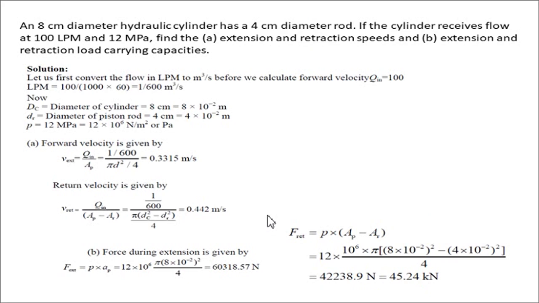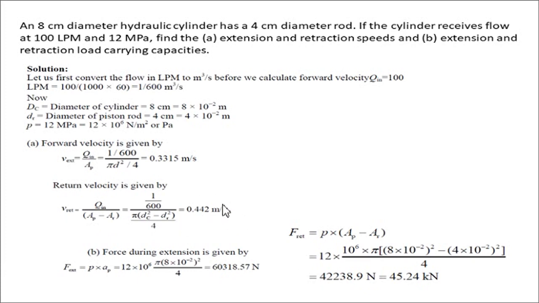So here you can find that during the extension stroke the area of the piston is pi by 4 d square, whereas in retraction the area is pi by 4 (D square minus d square). This is also called the annular area, and the other is called the piston area. So the annular area is pi by 4 (D square minus d square), that is piston diameter square minus rod end side diameter square.